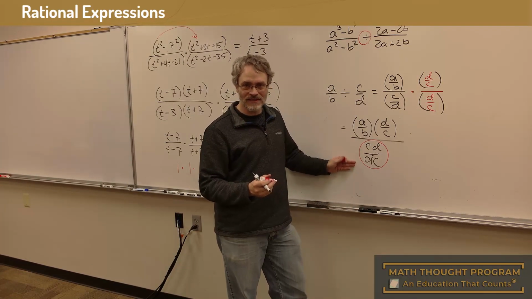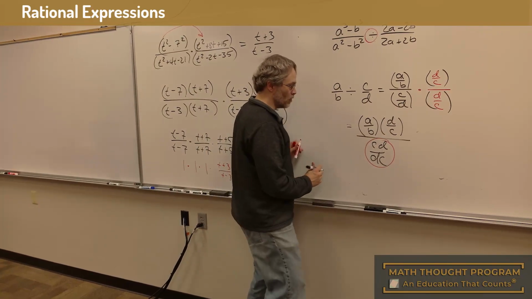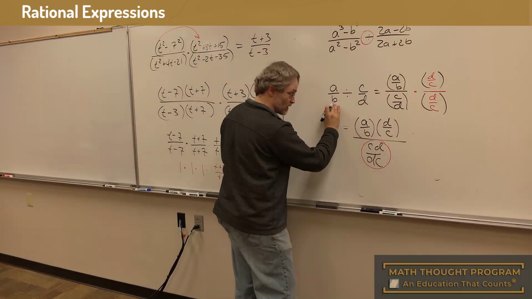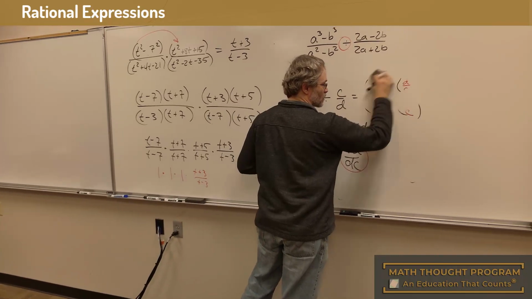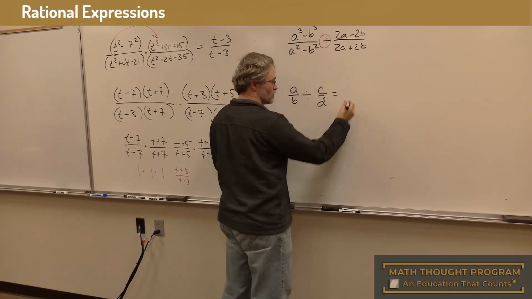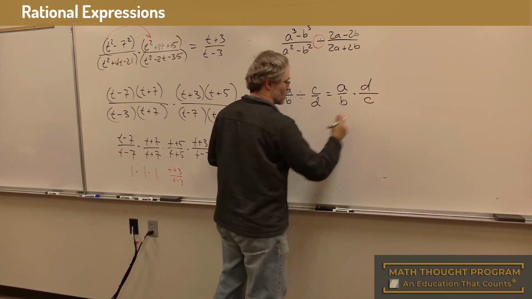How many times does DC divide into DC? Once. So what I have here then is if I have A over B divided by C over D, this is going to reduce down to A over B, D over C.